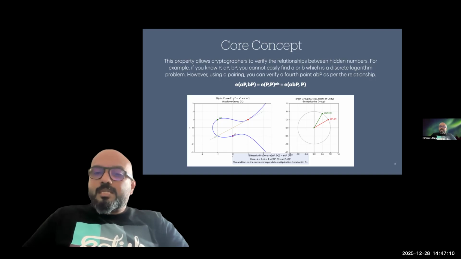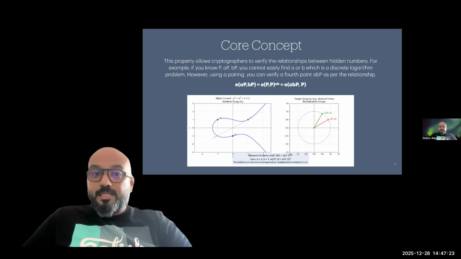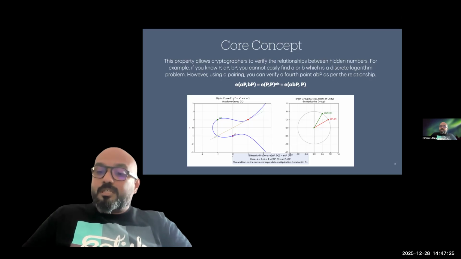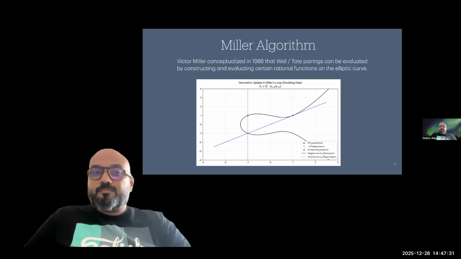So what is the benefit of this? When you are able to verify discrete logarithm relationships with multiple scalars, you are able to create relationships with multiple points.